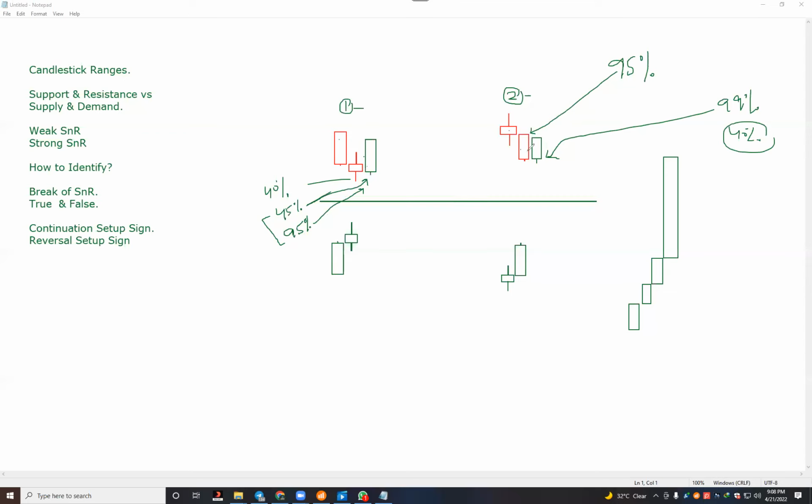But here we can say the buyers are stronger than the sellers, that's why they enter, right? Yes. Okay. Now does everyone agree that buyer number 2 is stronger than buyer number 1, right? Yes, absolutely, sir.